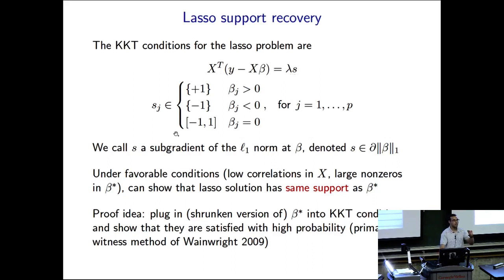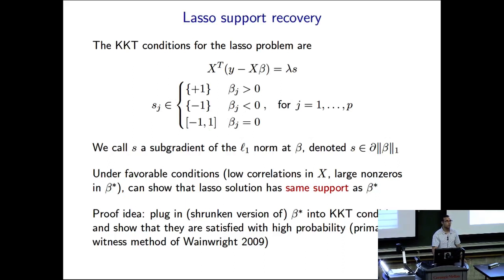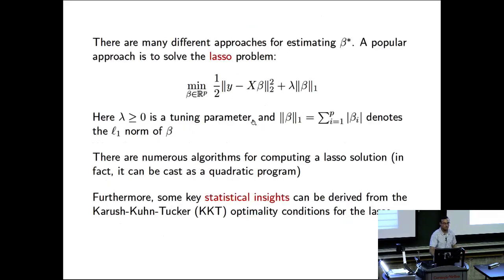It has to basically be the sign of beta when that coefficient is positive or negative, or it can freely vary between -1 and 1 when that component of beta is 0. So if we can find beta and s to satisfy these two equations, then beta will be the solution, or actually I'll say a solution to this problem.